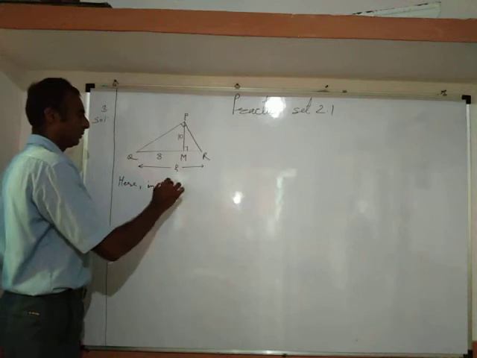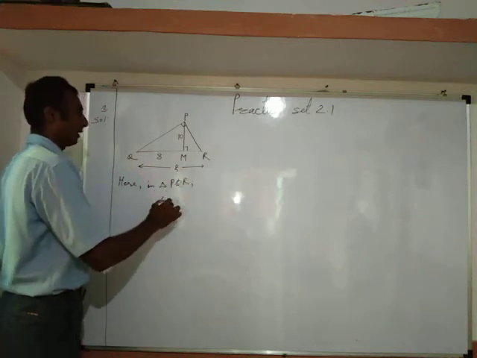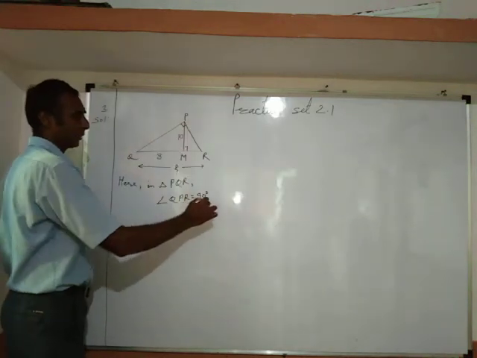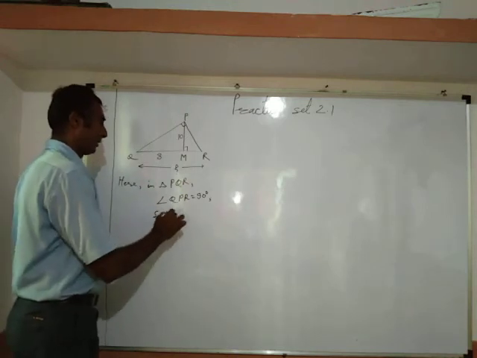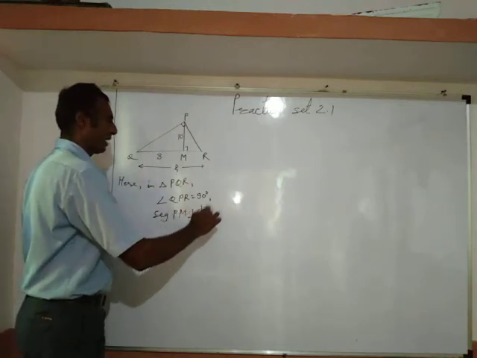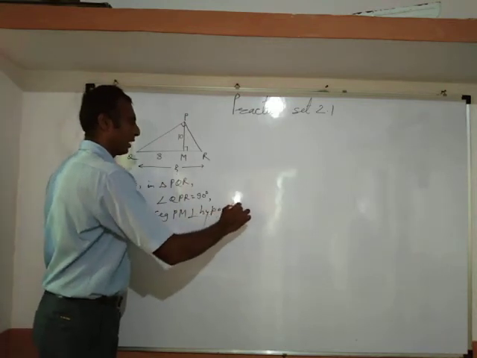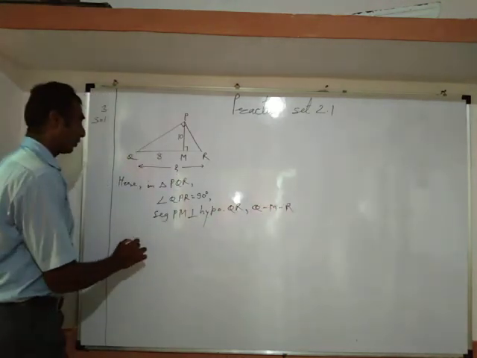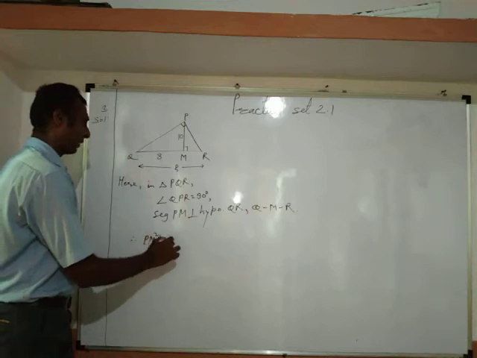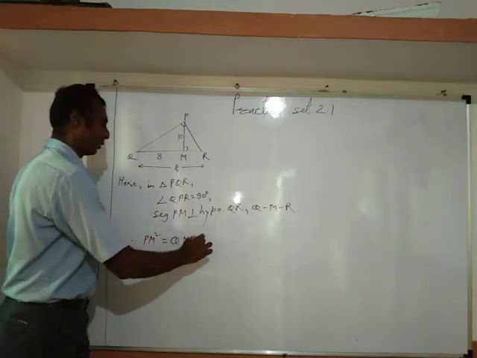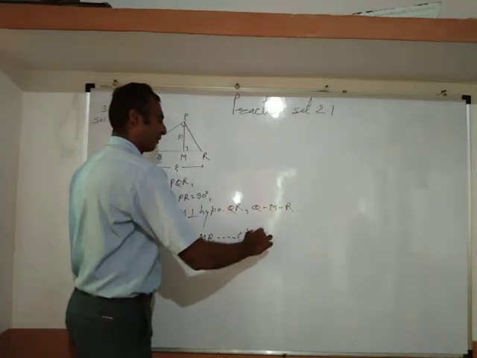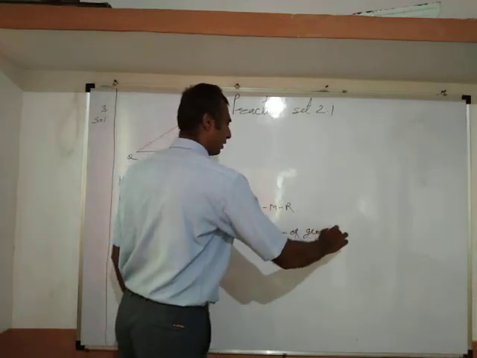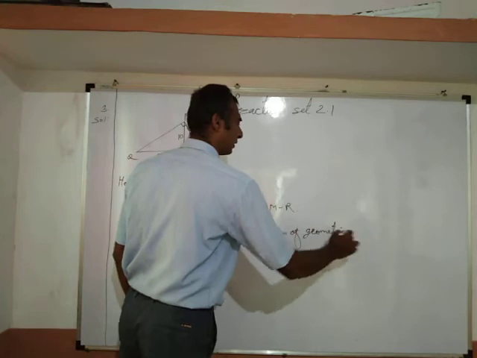Here, in triangle PQR, angle QPR equals 90 degrees. Segment PM is perpendicular to hypotenuse QR such that Q-M-R, and therefore PM square equals QM into MR by theorem of geometric mean.